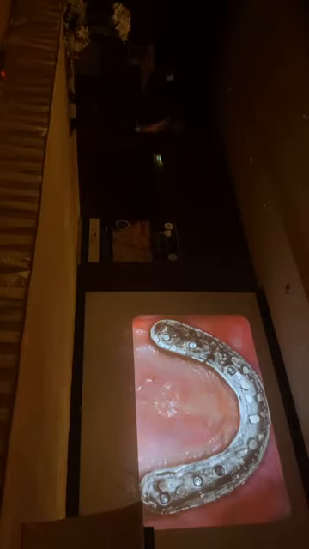The framework didn't fit really well because the 6 implants were not so parallel, and of course we have some miscast procedures in the laboratory.